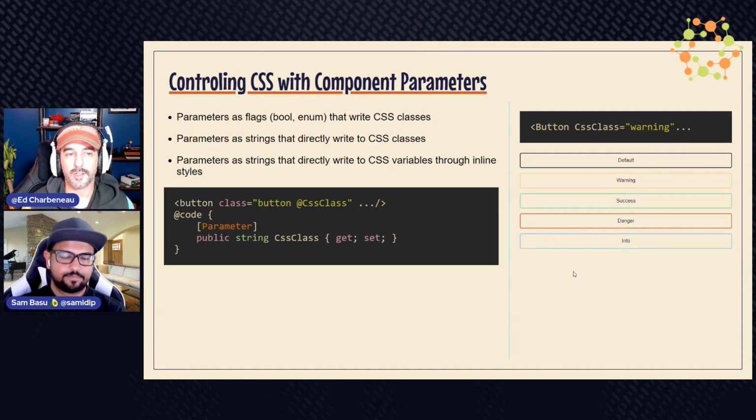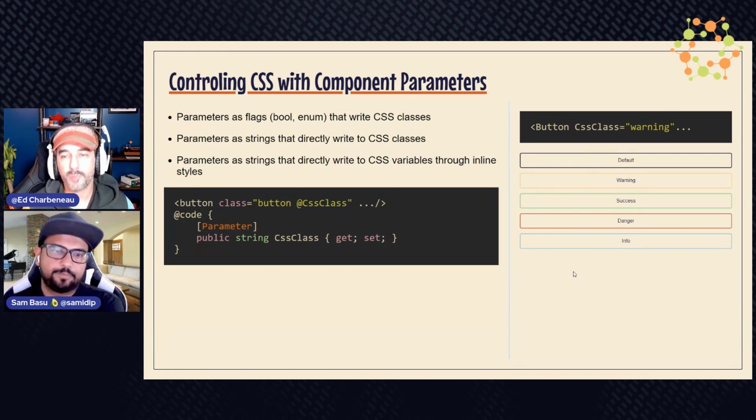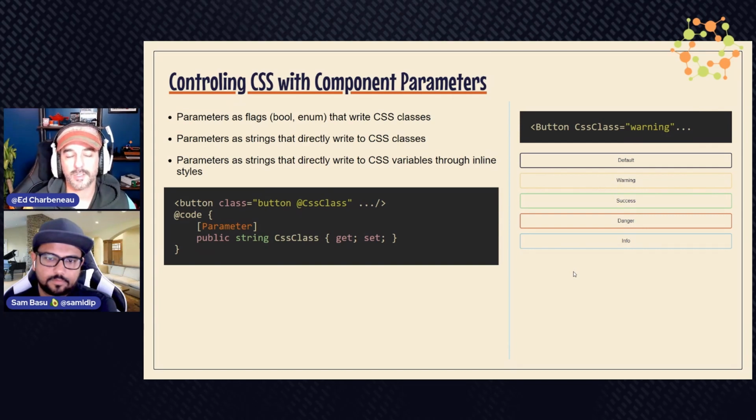So let's look at how we can control colors or properties another way, and that's with component parameters. We have the ability using Sass natively or CSS natively to change properties of our components. We can also use CSS code along with some Razor features here and expose those as parameters.